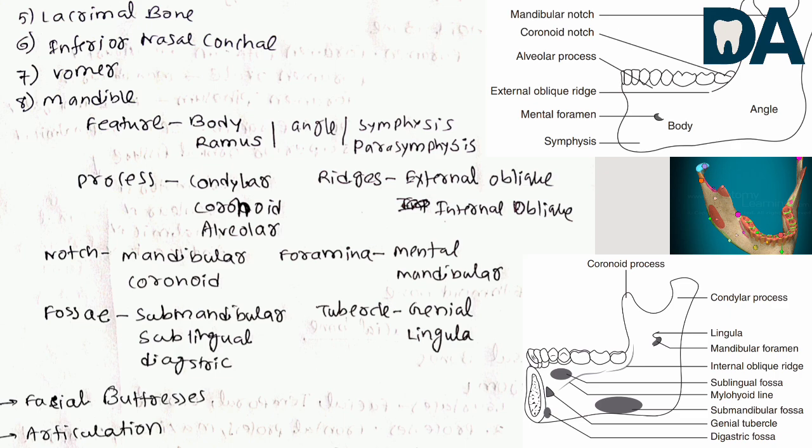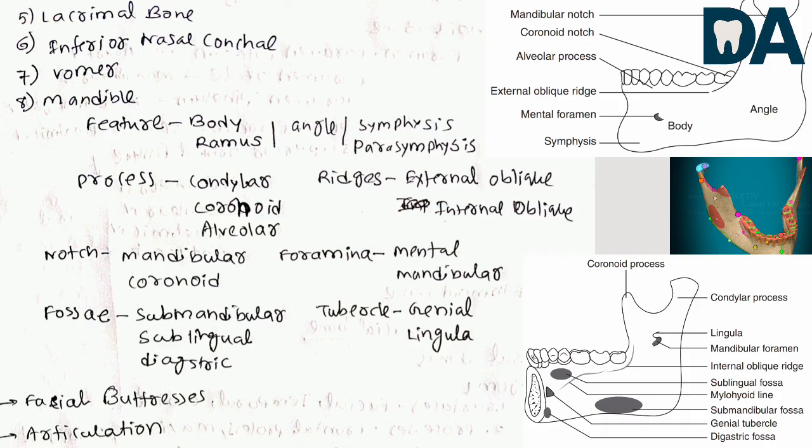Angle is the junction formed by the ramus and body of the mandible, formed by the posterior surface of the ramus, and the inferior surface is a continuation of the inferior surface of the body of the mandible. Symphysis. Symphysis is the region corresponding to the midline of the mandible. Parasymphysis. Parasymphysis is the region adjacent to the symphysis.